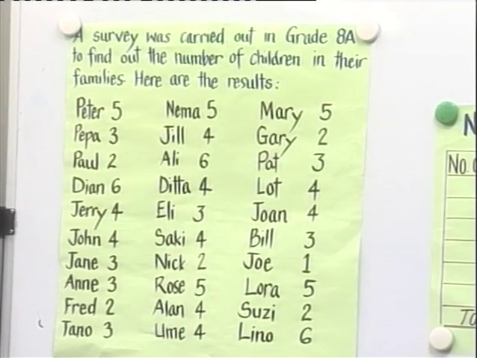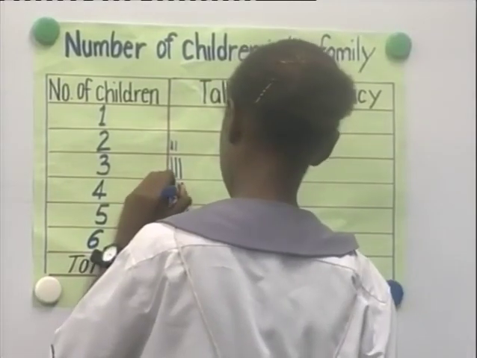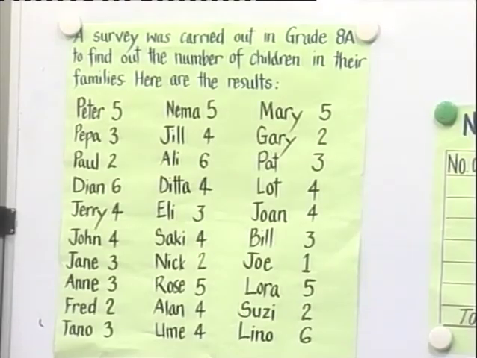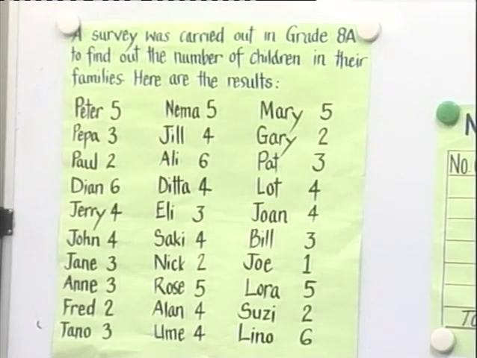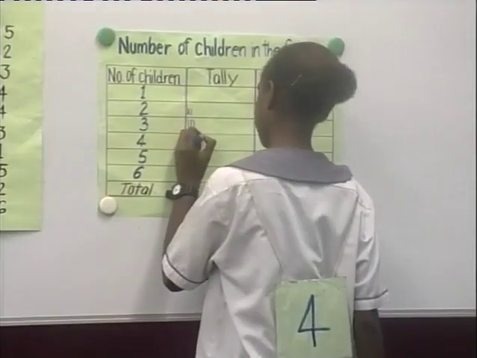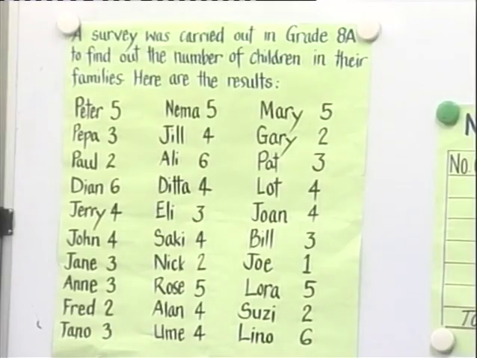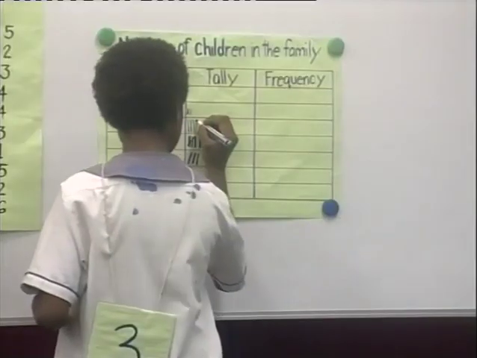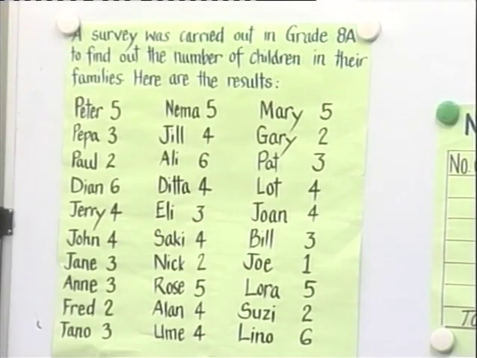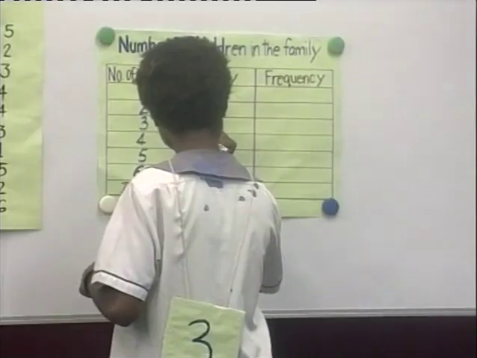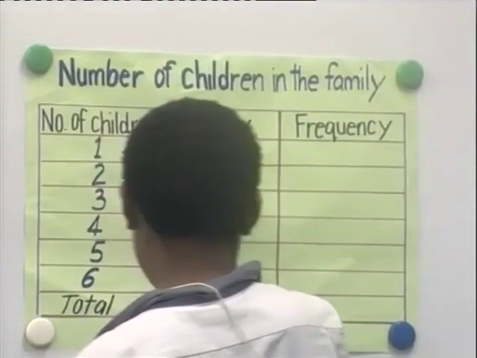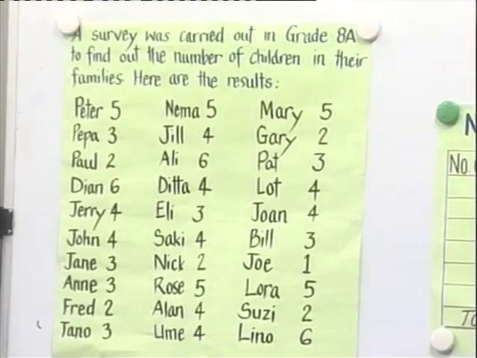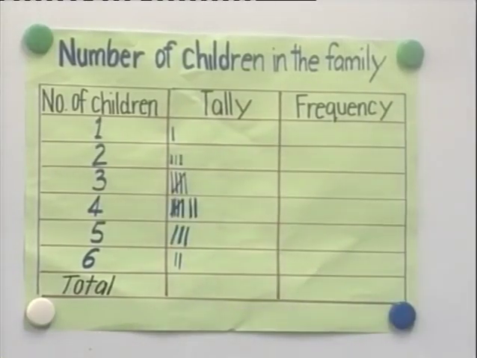Joanne 4. John 4. Saki 4. Bill 3. Jane 3. Nick 2. Joe 1. N 3.